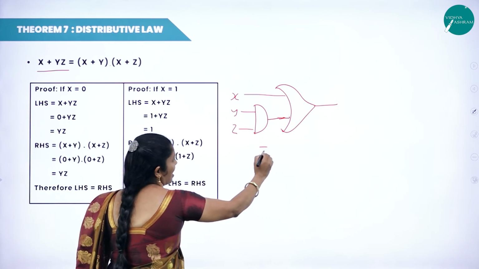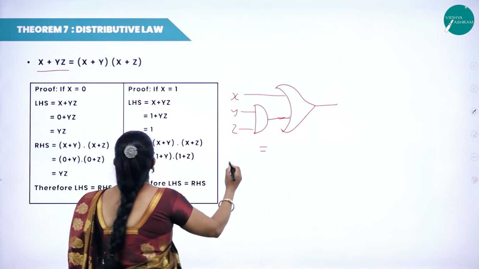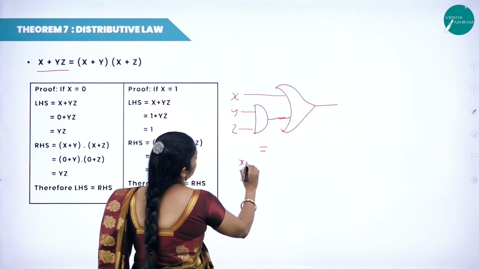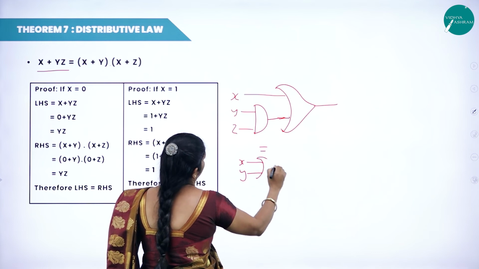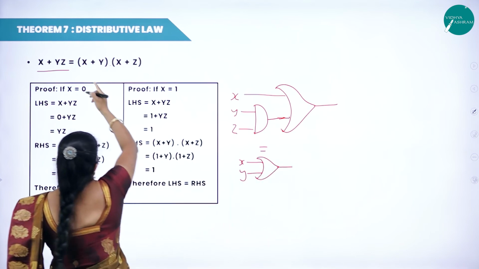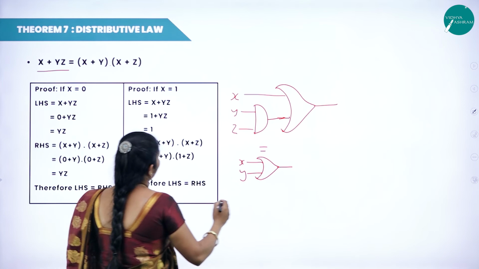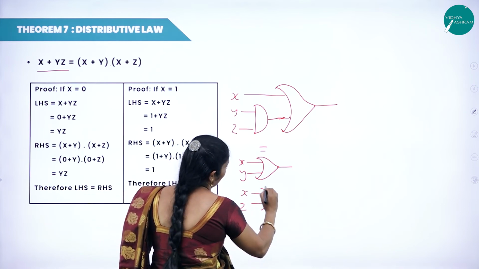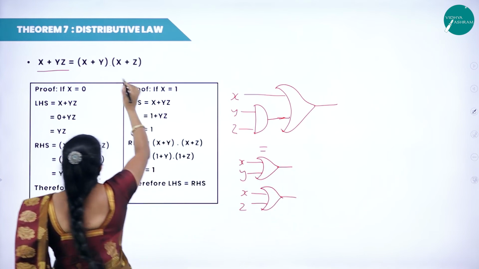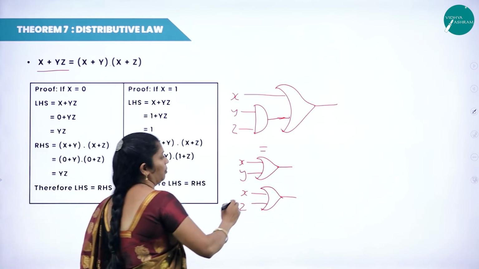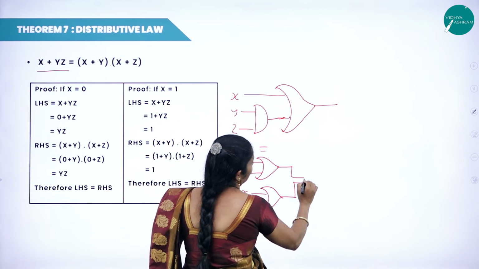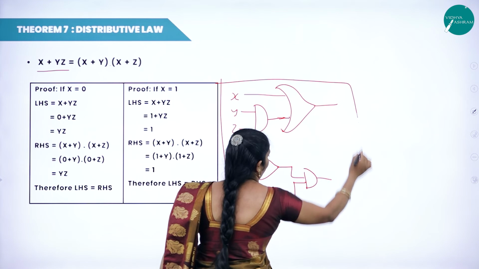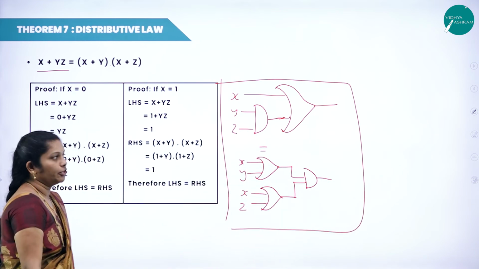It is the same as the second one, that is x and y. These two are connected once again with a reverse C shape, because in between we have the plus operator. Then once again x and z, here also a reverse C shape because we had the plus operator. And these two are connected with the dot operator, so here we'll write the D shape. This is the symbol to perform the distributive law.